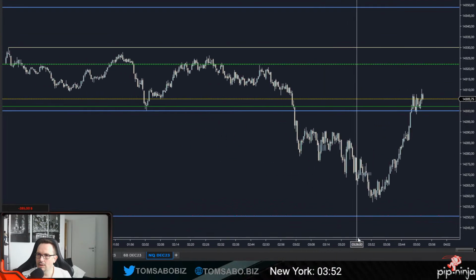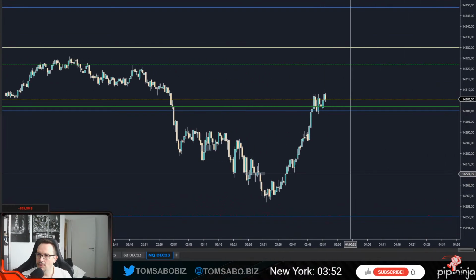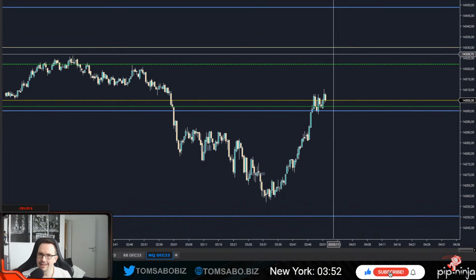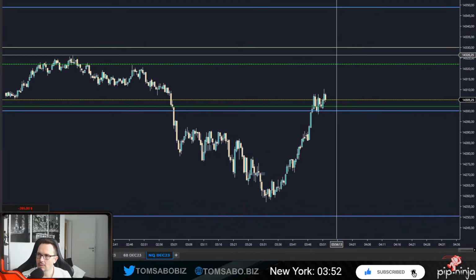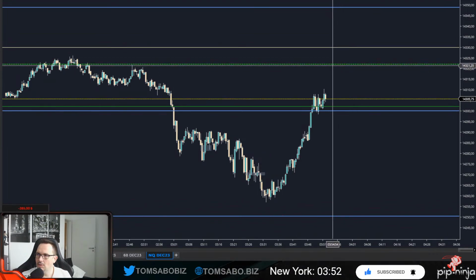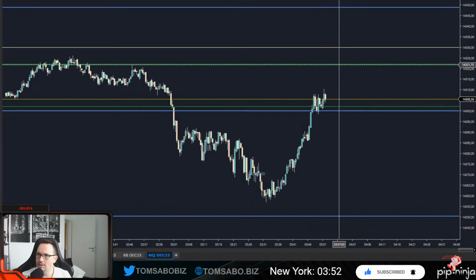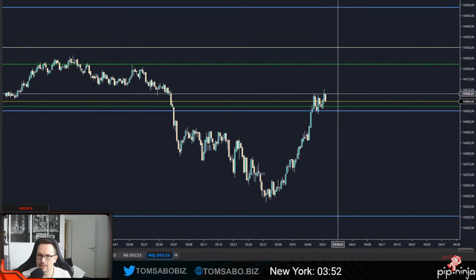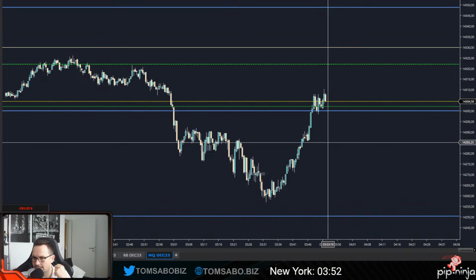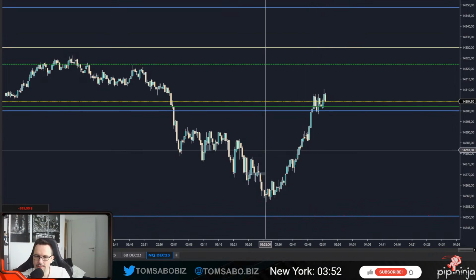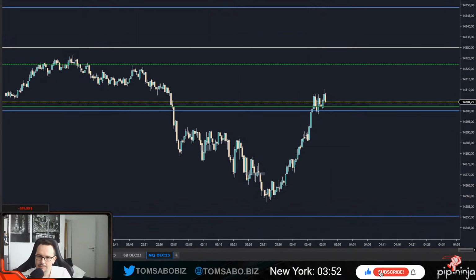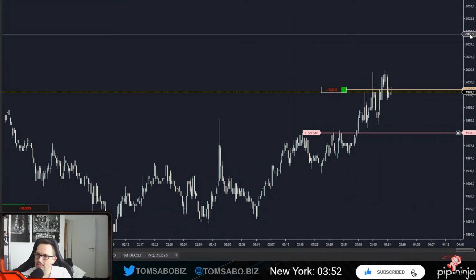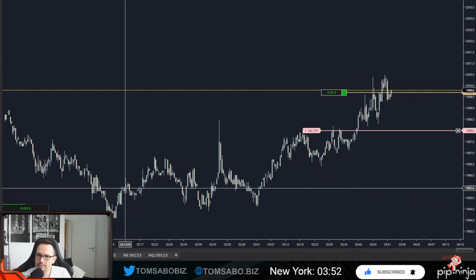I would only take a long on NQ if we would get to a 10 or 15 handle range with a displacement. Otherwise, it's still dangerous to me to take it. But gold, I'm long on gold.